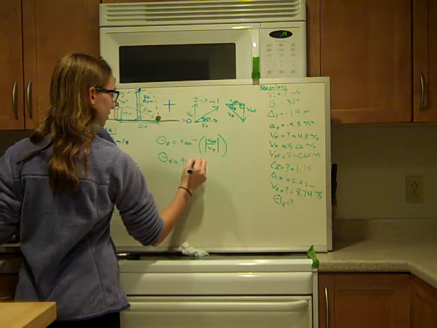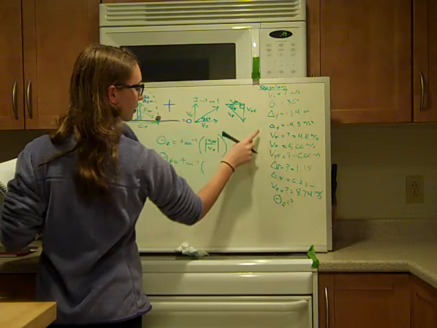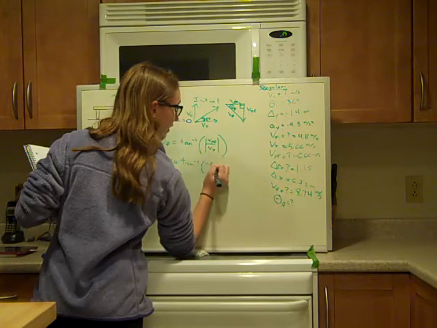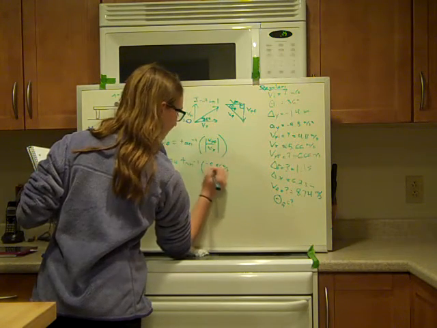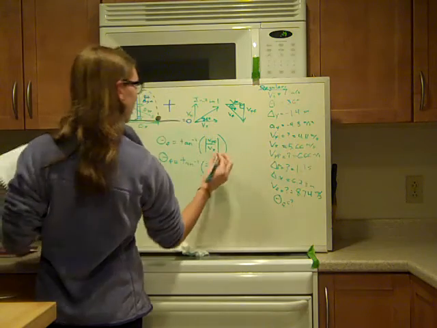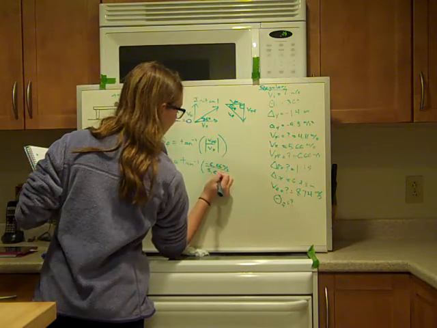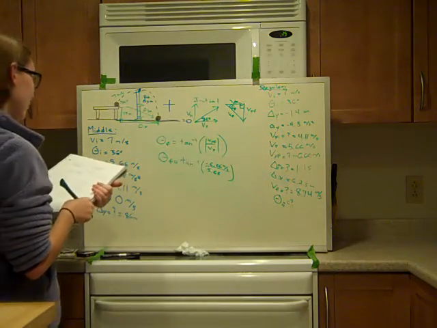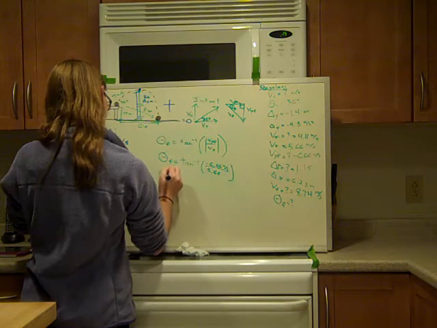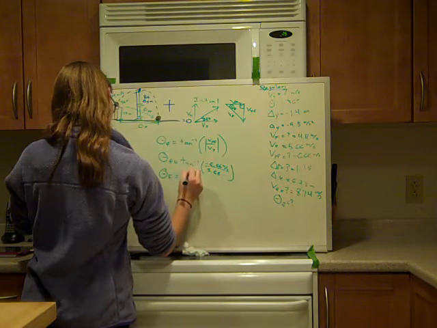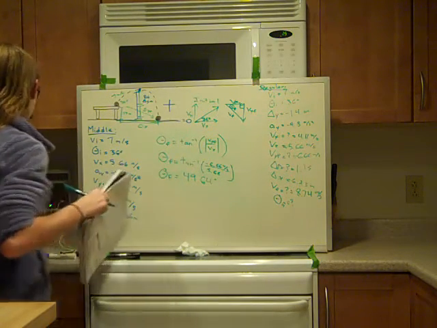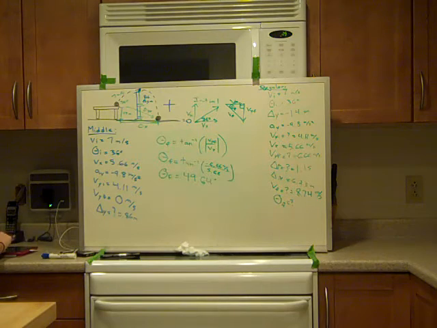Theta final is equivalent to inverse tangent of Vyf over Vx, 5.66. If you do that out, you're going to get that theta final is equivalent to 49.64 degrees. And in the problem, it writes out after for you that it says south of east.